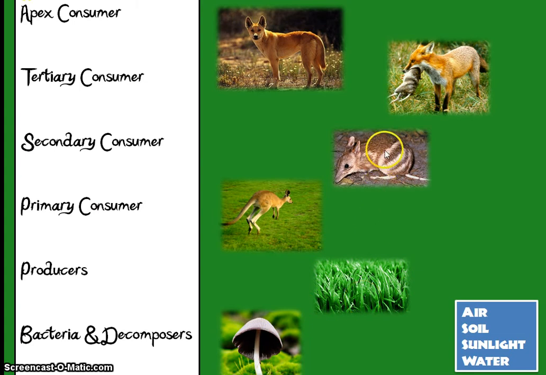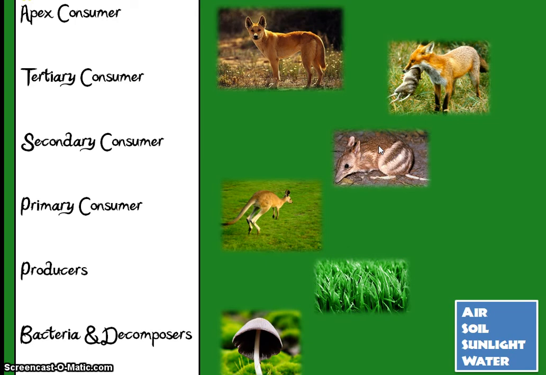And that's why the little eastern barred bandicoot is up here, because he feeds on insects which belong in our primary consumer section. So he is a carnivore because he eats insects which are classified as meat. So he's a carnivore, and all animals in our secondary consumers are carnivores because they eat primary consumers. So they might eat a little bit of plants as well, which is fine.